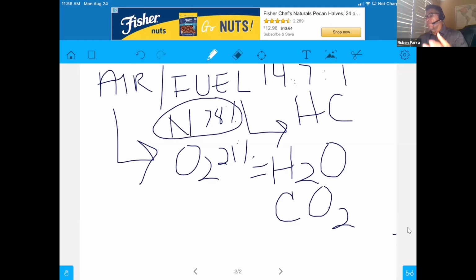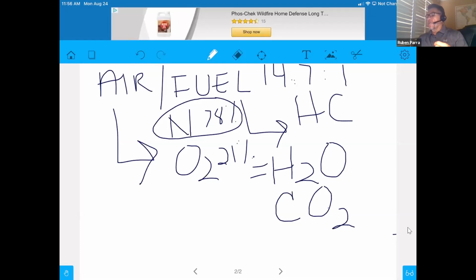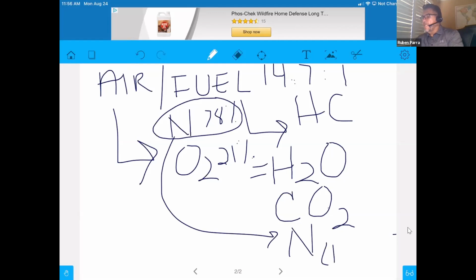Carbon dioxide, by the way, is also what green plants take in to produce oxygen. So this is what comes out, okay? And then we also get this guy, the nitrogen comes out, but that just comes out as harmless heat, okay? So we have water, carbon dioxide, and heat.